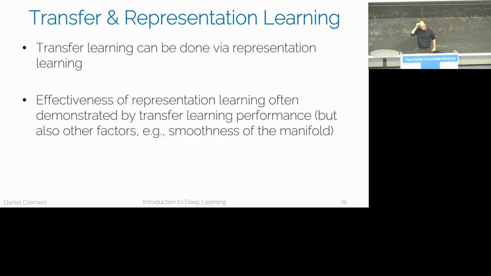So transfer learning is, I would say, something very useful, where you take an existing network and fine-tune it to a new task. Representation learning can be shown to work, but I believe it's often a little bit more delicate to make it work properly in practice.